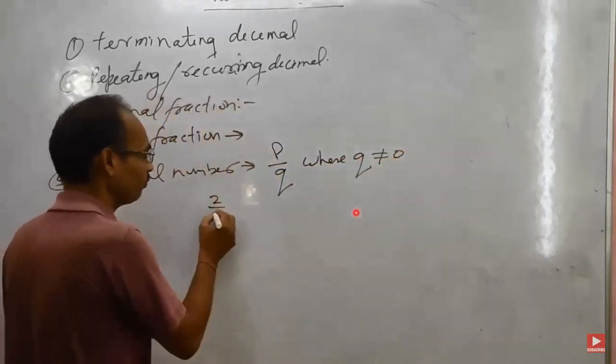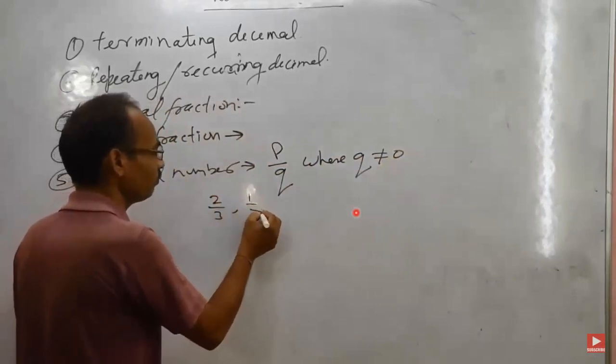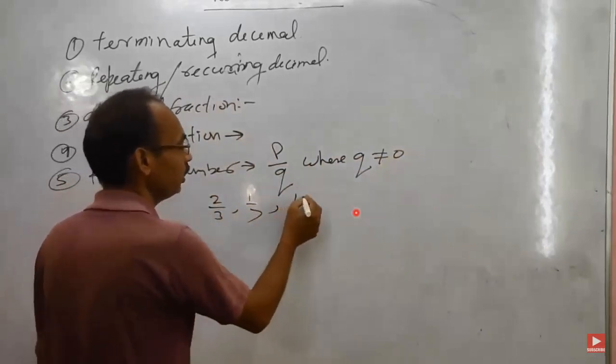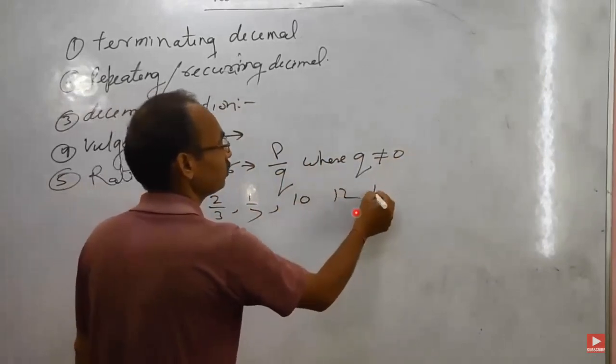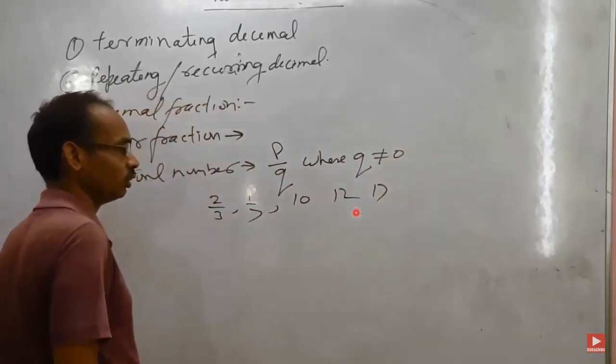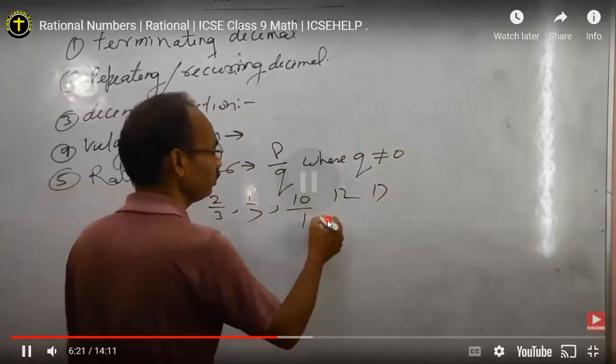Any number like 2 upon 3, 1 upon 7, 10, 12, 17 is also a rational number because 10 is 10 by 1, 12 is 12 by 1, 17 is 17 by 1. So a rational number can be represented in the form of P by Q, but Q cannot be 0.